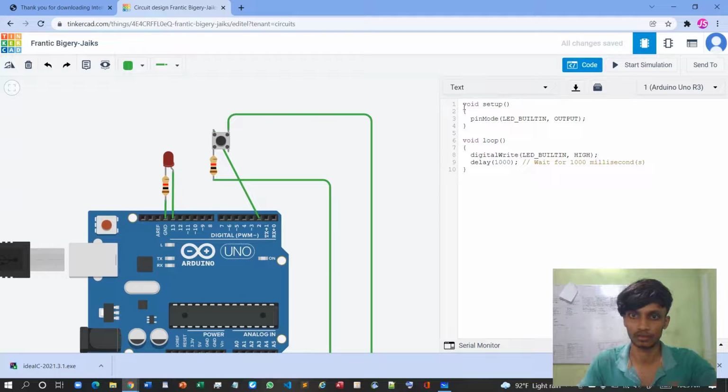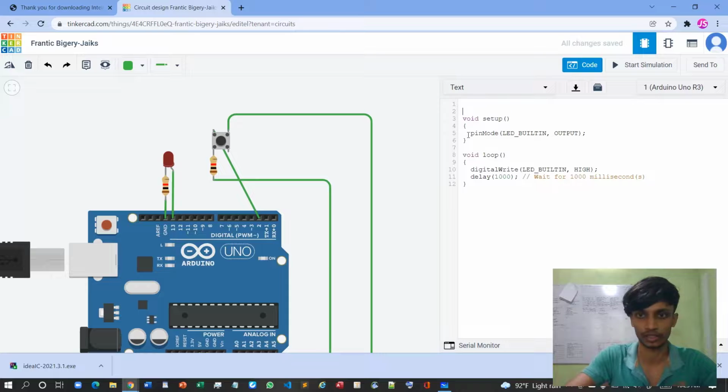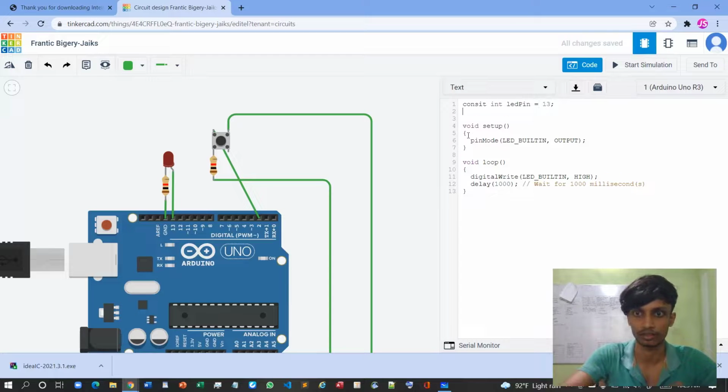So let's go to the code. Then we have to define, let's say, two input and output pins. Initially I will use the LED pin as 13, then another constant, button pin, as 2.